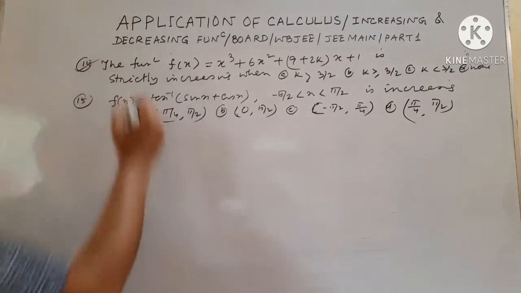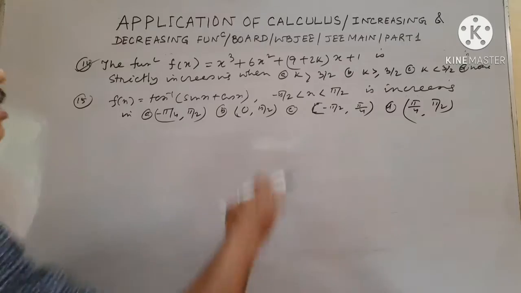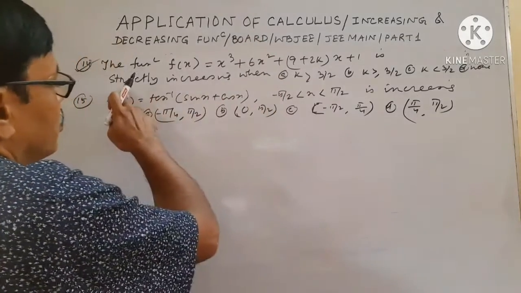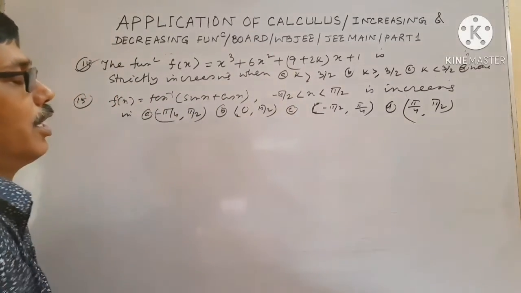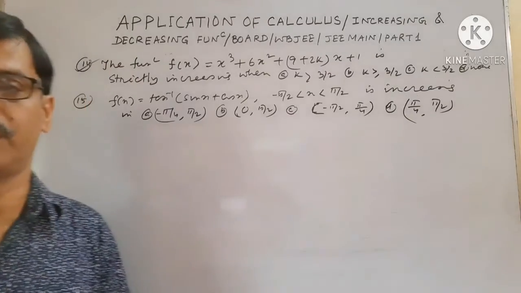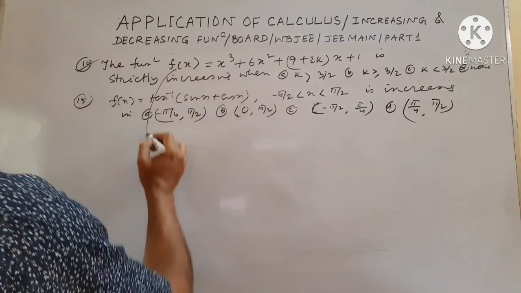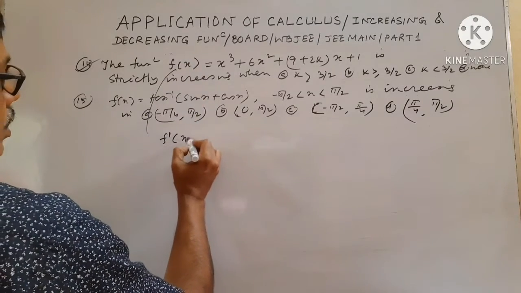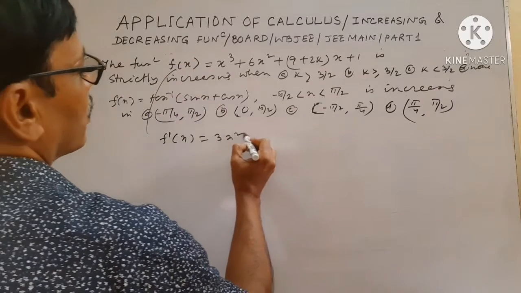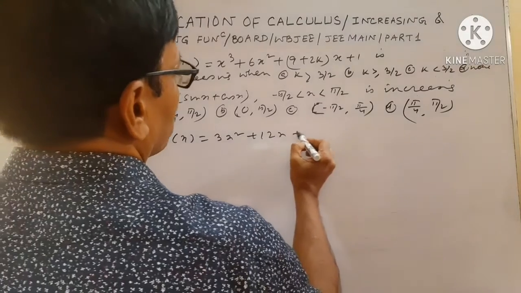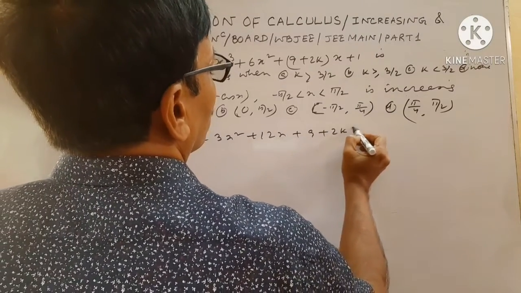Now consider problem number 7. The function f(x) is strictly increasing in which of the following intervals? Now f(x) is given, so what is f dash x? 3x square plus 12x plus 9 plus 2k.